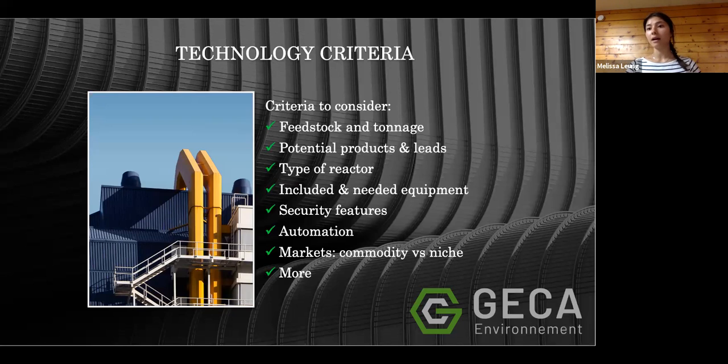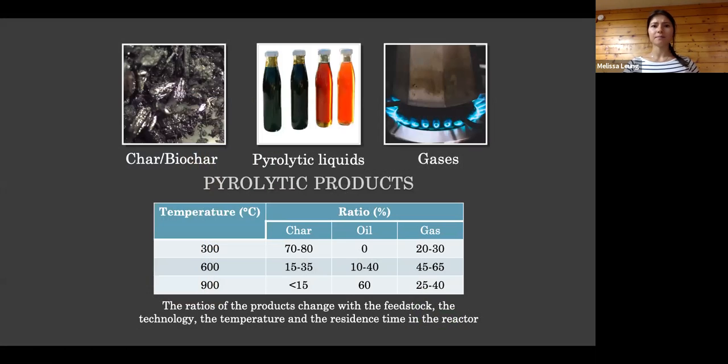Here in North America, we have a lot of safety regulations that need to be put in place, and it's really important. But some technologies go above and beyond to ensure that if there is an explosion, for example, it will protect the workers, yes, but perhaps it will also protect the machine, something that not all technologies do. In terms of automation, I also mentioned this in the next slide.